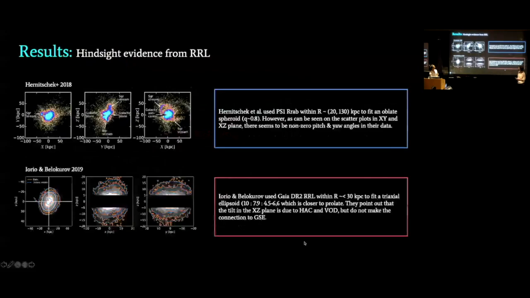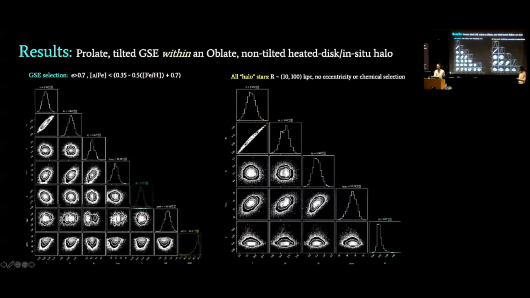That was the whole exercise of the right panel. So we remove the chemical selection, remove the eccentricity selection, and we raise the spatial window out to greater than 4 kiloparsecs, which is sort of traditionally what we regard as the halo. And if you fit those stars, you obtain an oblate spheroid, the vanilla oblate spheroid.